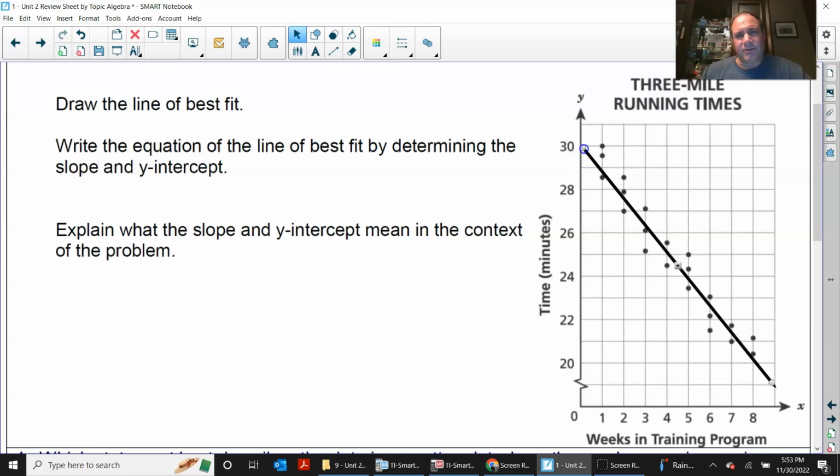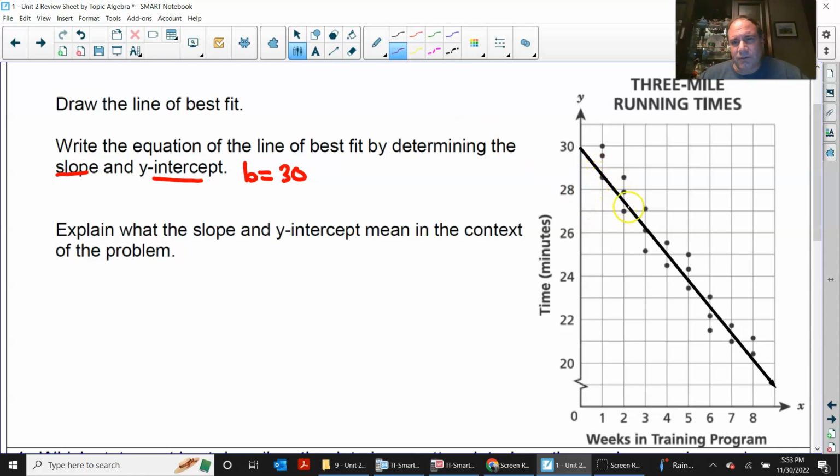And you know, like I always try to start at a whole number. This one works out well. So we're going to try to put down a y-intercept and slope. Since I started at 30, the y-intercept is 30. And then I'm going to pick 2 points along my line.